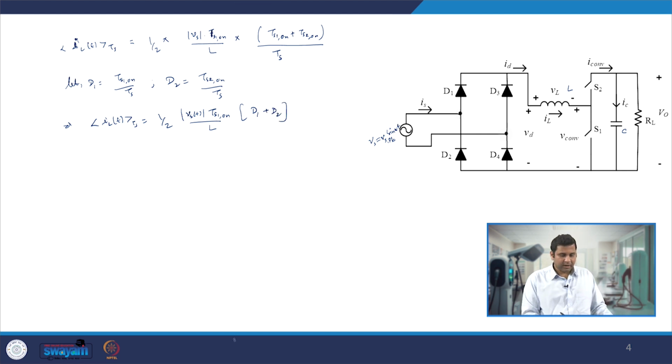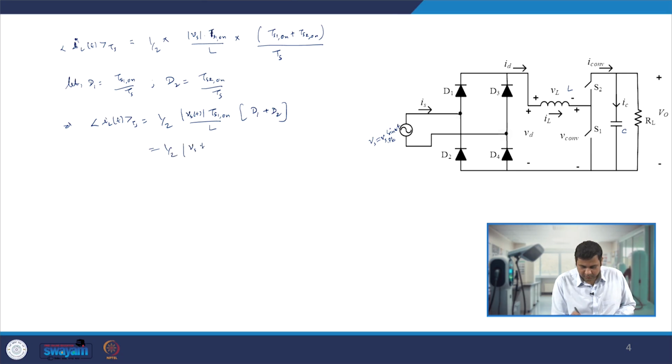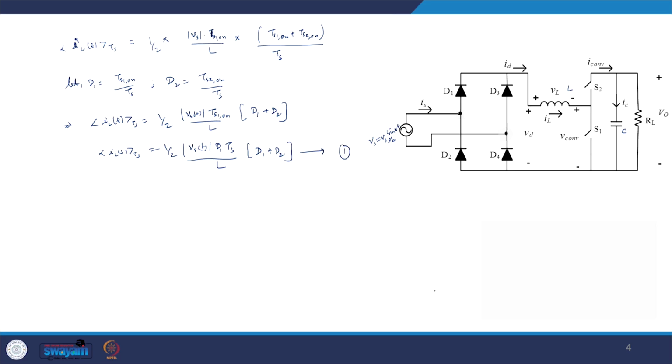I can also write modulus Vs of t times D1 Ts by L times D1 plus D2; this is IL average over the Ts duration. Let us define this as equation number 1.